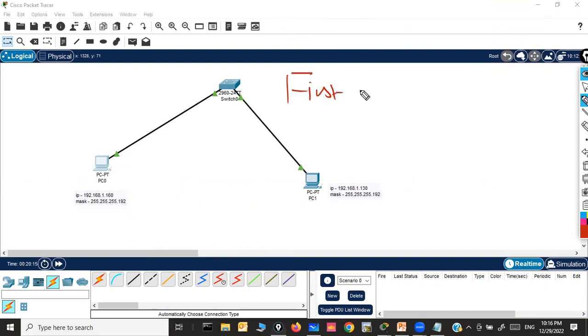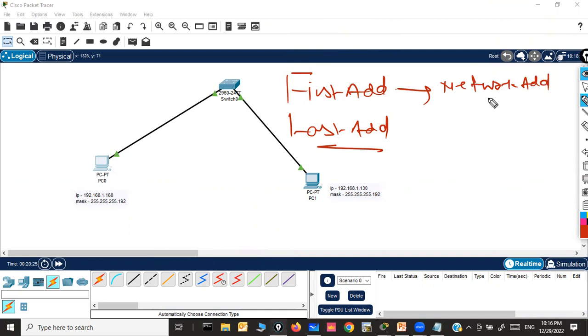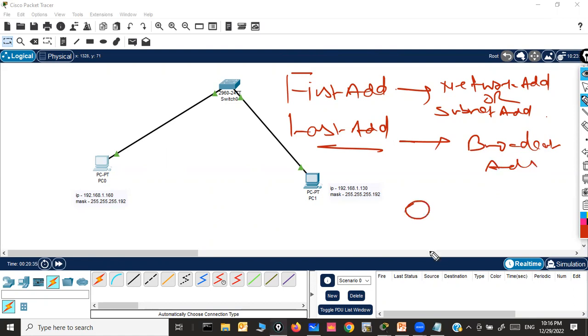The first address and the last address are both reserved. The first address is either the network address, in case there is no subnetting, or the subnet address. And the last address is always the broadcast address. Forget about 0 and 255. Forget that, right? The first address and the last address, both are reserved.